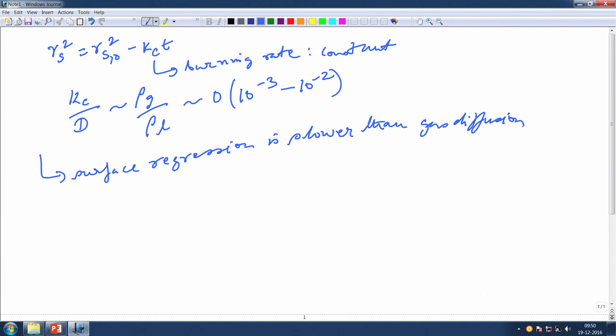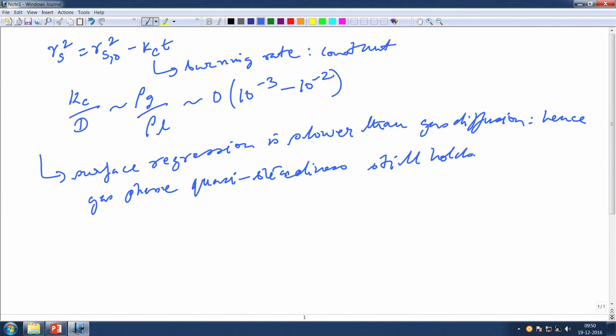Hence, gas phase quasi-steadiness still holds, and that was the same as what we got in the droplet vaporization case.